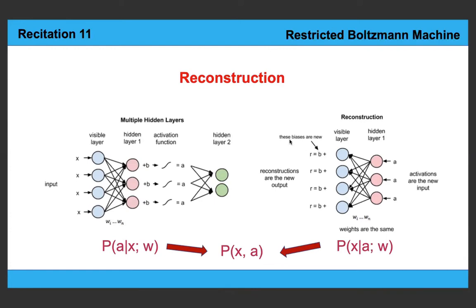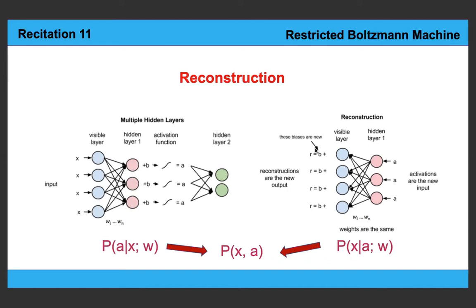But one thing to notice is that these biases, when we output the gradients, the biases added to the gradients are totally new biases. This means that the hidden bias helps the RBM produce the activations on the forward pass, but the visible layer's biases here help the RBM learn the reconstructions on the backward pass.